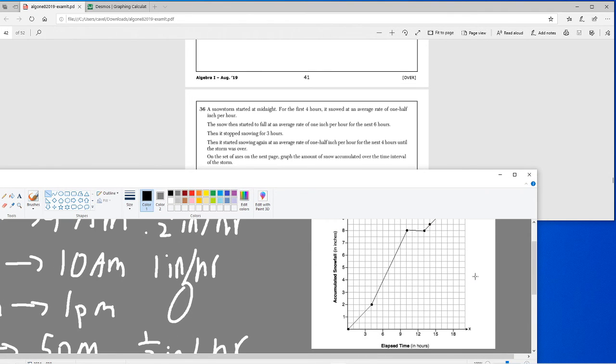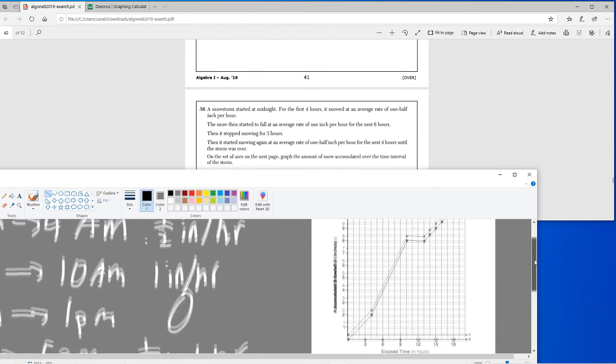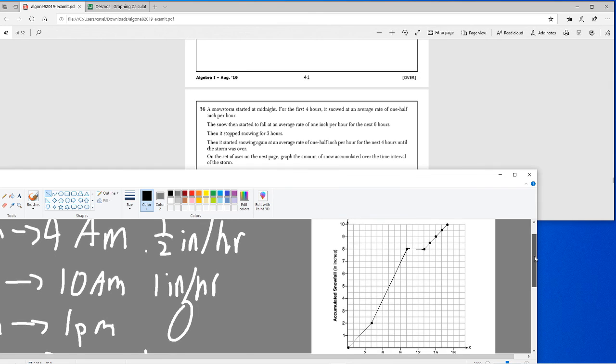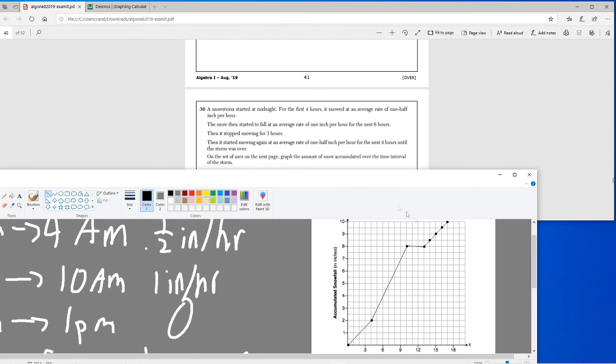So if we look at the graph, it starts at midnight. For the first 4 hours, it snowed at an average rate of 1/2 inch per hour. So after 1 hour, it snowed 1 inch, and after 4 hours, it snowed 2 inches.